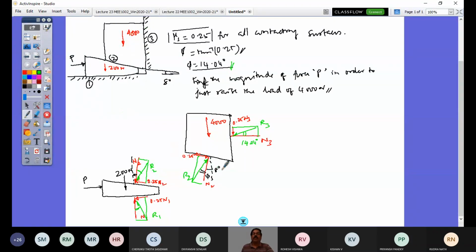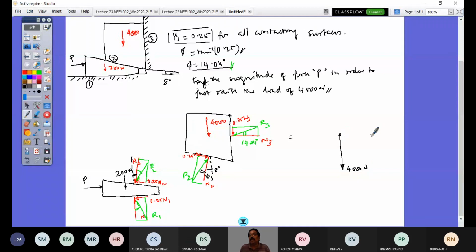So I would redraw this diagram in a convenient fashion this way. So I have my load, 4000 Newton, and this is my concurrent point representing the heavy load. And see this R3 to the horizontal is 14.04, and it is coming down.